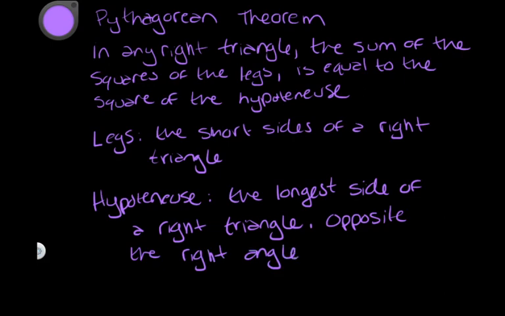Okay, so what that looks like, let me draw it out for you. Let's clear this. So the Pythagorean theorem is a squared plus b squared equals c squared.